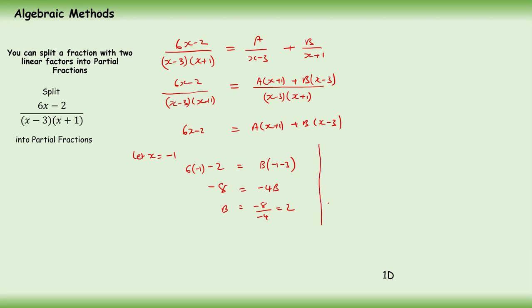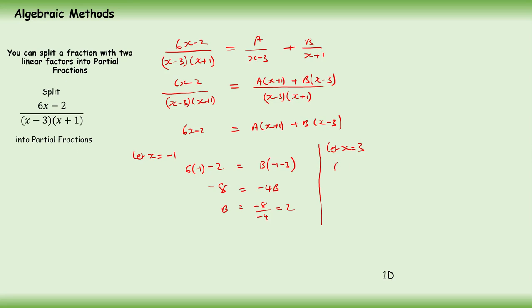I need to work out now what A is. To work out what A is, I need to get rid of B. So I need x to be equal to something that gets rid of the x minus 3 there. So I'm going to say let x equal 3. 3 minus 3 is 0, which gets rid of this term.